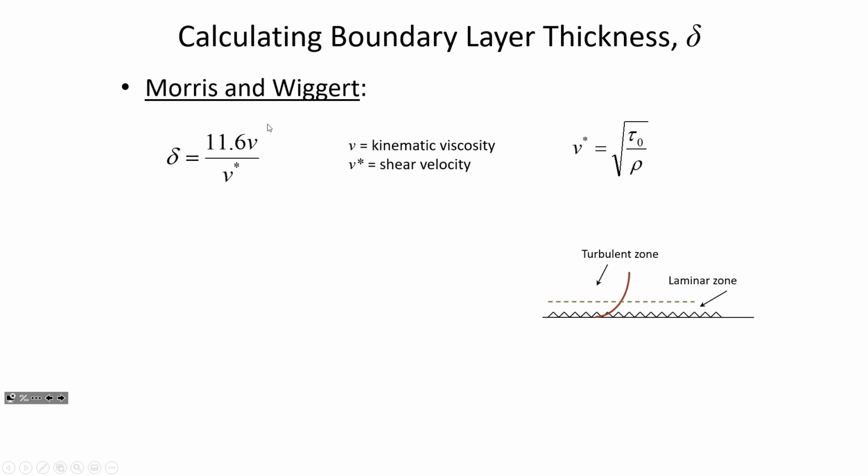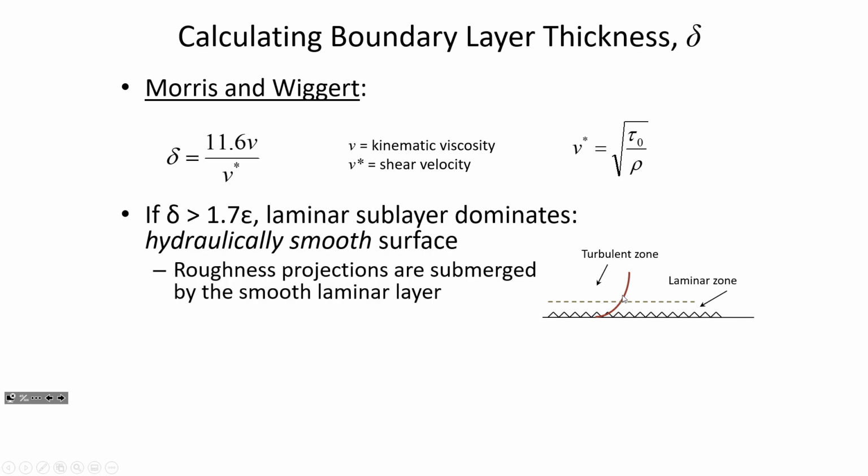So this Morrison-Wigert criteria says, take into account the kinematic viscosity of the fluid and the magnitude of the shear stress that's applied, and then that will tell you how thick this laminar layer is. Now, if the thickness of the boundary layer is more than 1.7 times epsilon, that means you've got a really thick laminar sublayer.